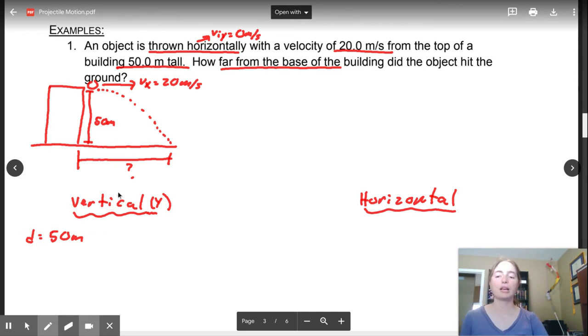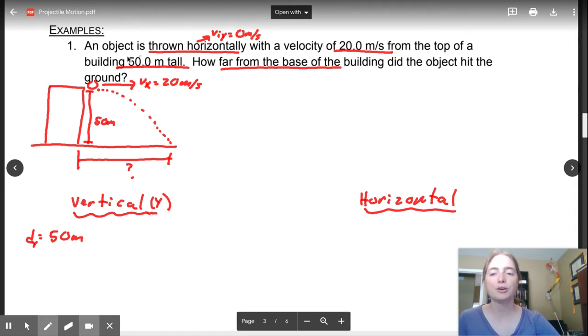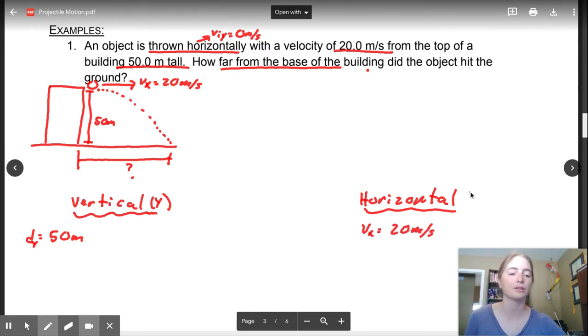So because I have labeled things vertical and horizontal, I don't need to label y's beside all of my letters, but you can if you want to. So dy under the vertical. And okay, horizontal velocity. Okay, so that means my Vx is going to be 20 meters per second. This is my x.